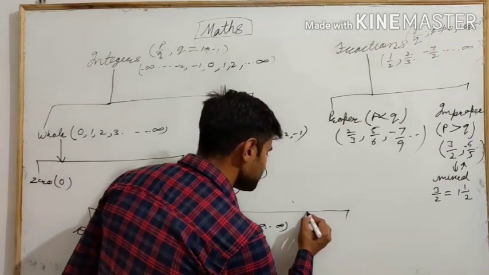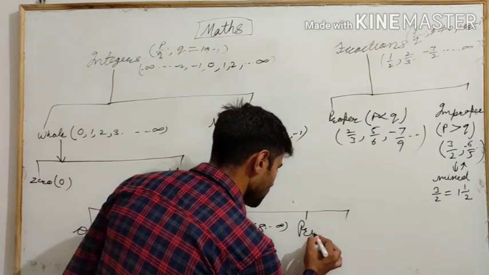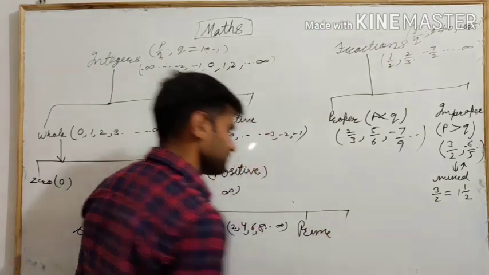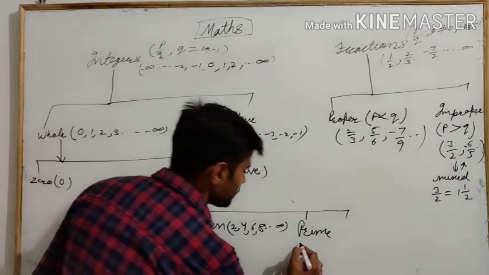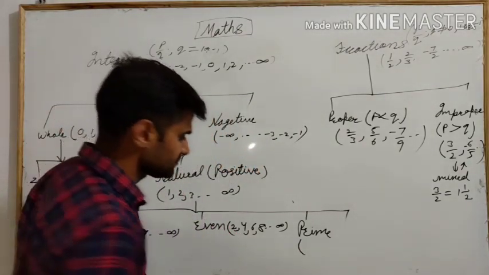Third is prime, which is divisible by itself and 1.